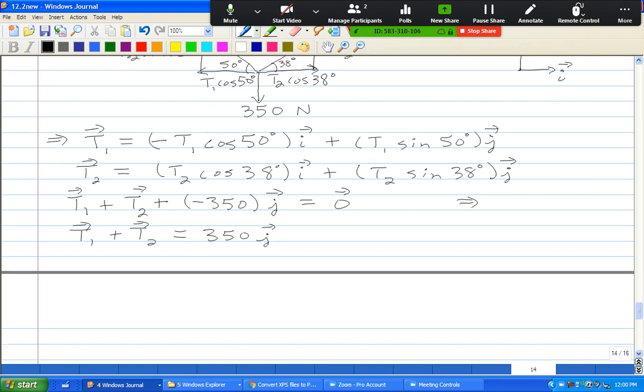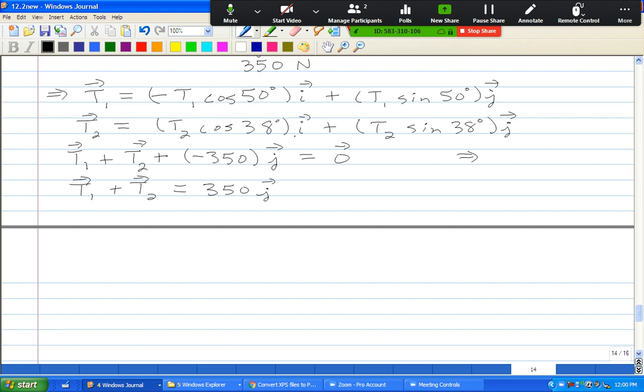Okay, so that means that the sum of the I coordinates must be 0.